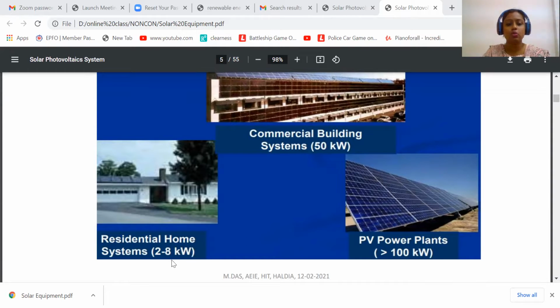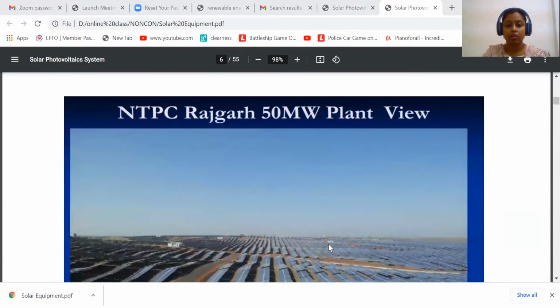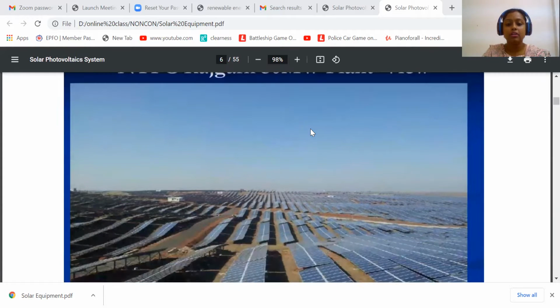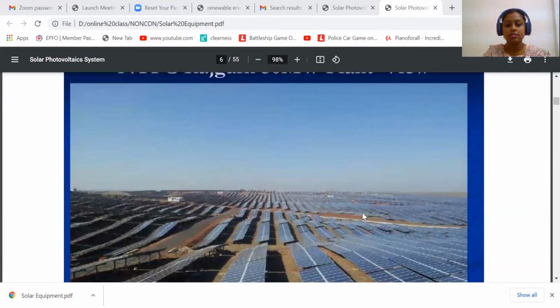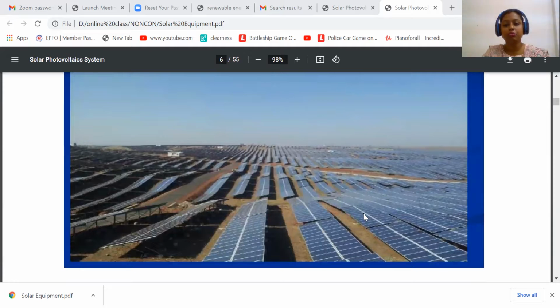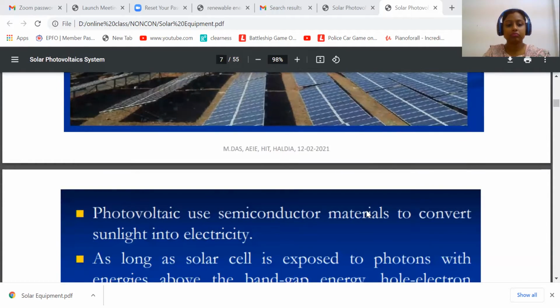Similarly, residential home systems are lower, from 2 to 8 kilowatt, and PV power plants are generally more than 100 kilowatt. At NTPC Rajgarh we have a plant of over 50 megawatt. You can see the view of how large this plant is and its capacity for generating electricity.